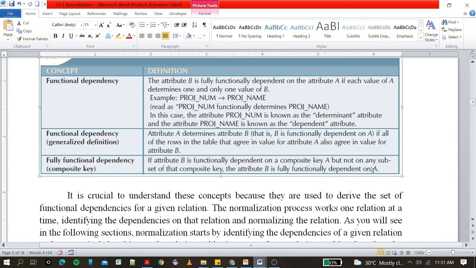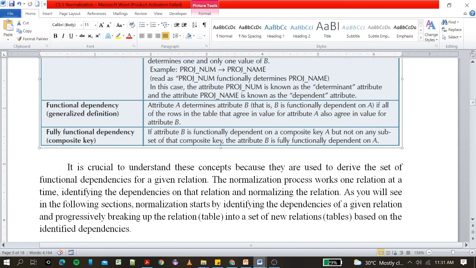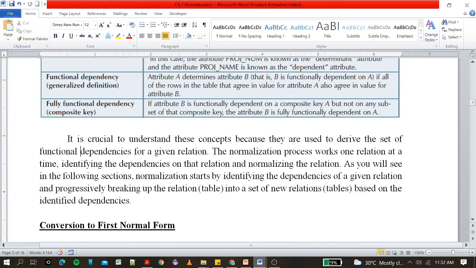But not on any subset of the composite key, the attribute B is fully functionally dependent on A. Sabi dito, it is crucial to understand these concepts because they are used to derive the set of functional dependencies for a given relation. So, dapat alam natin yung mga dependency. Alam natin dapat dun sa ating table kung aling mga attributes ang nakadepende sa isa pang attribute.